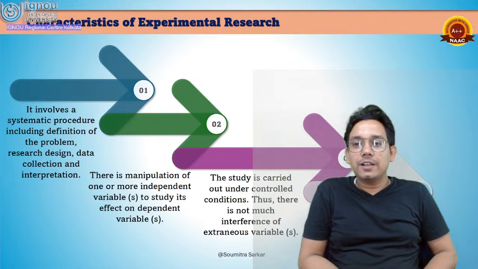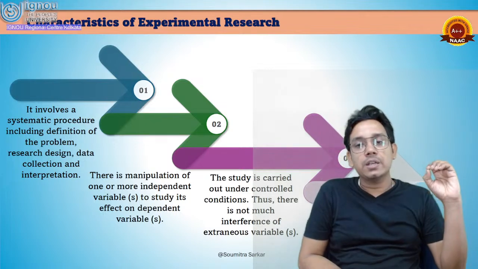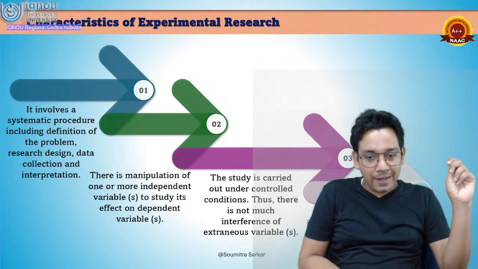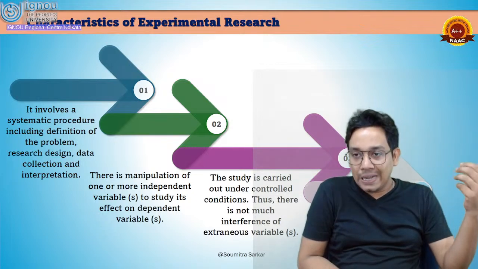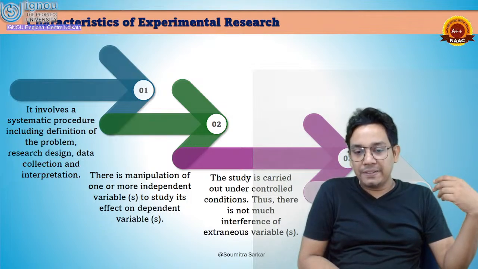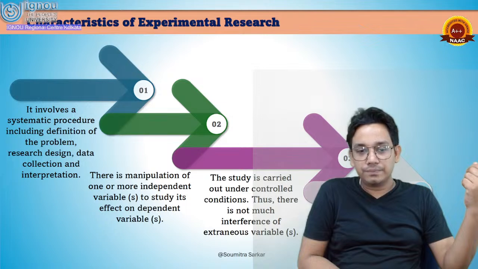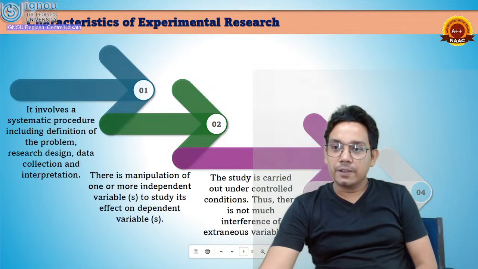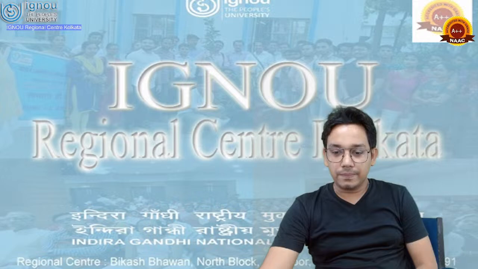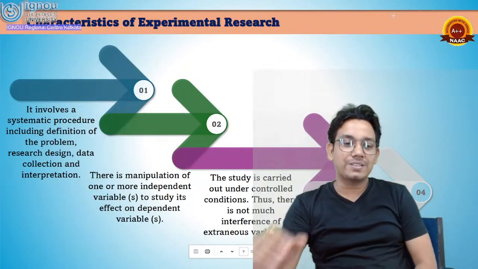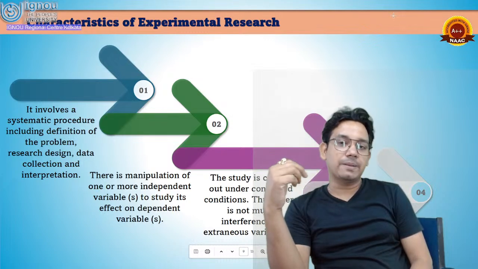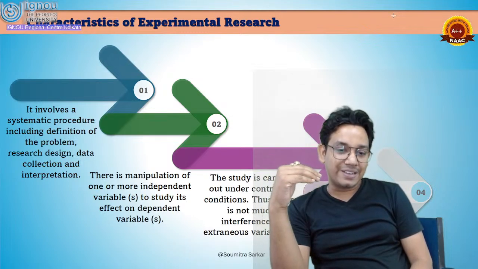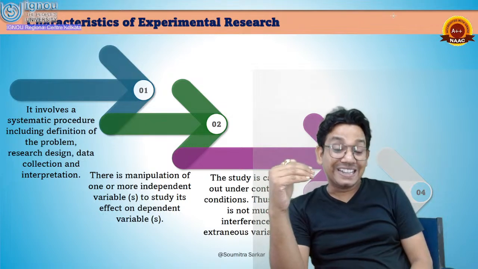Experimental research provides stimuli to the independent variable and finds out the impact on the dependent variables. So in experimental research, the researcher focuses on the independent variables and tries to figure out the results in the dependent variables. That's why it is called an experiment.